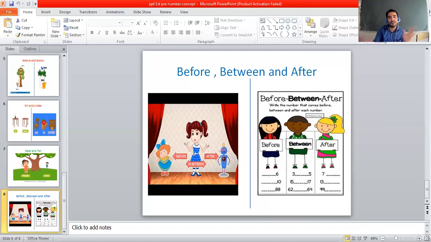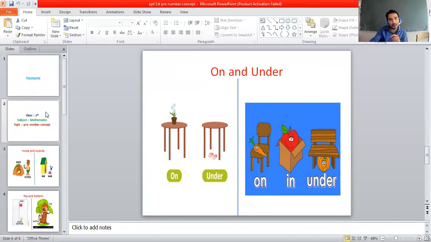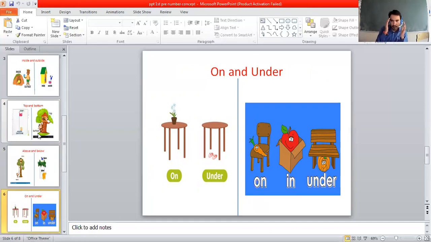Okay, just know these words: above and below, on and under, near and far, inside and outside. Okay, so now above and below, you have to learn that. Okay, top and bottom. Okay, keep these words in mind, and the remaining concepts you have to draw, color and send to my WhatsApp number.